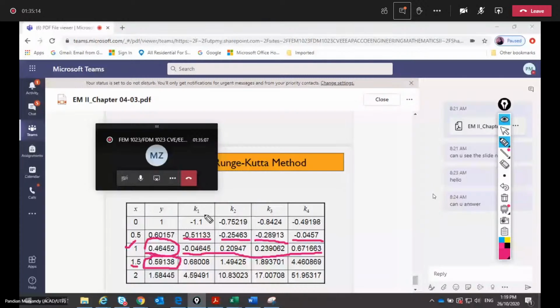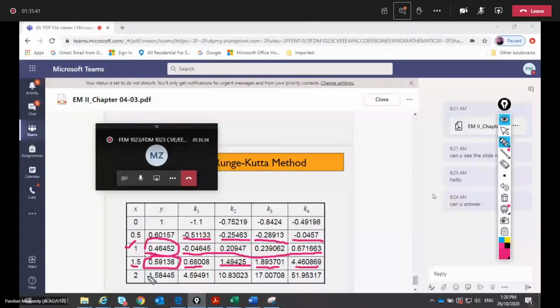K2, 1.49425. K3, 1.893701. K4, 4.460869.